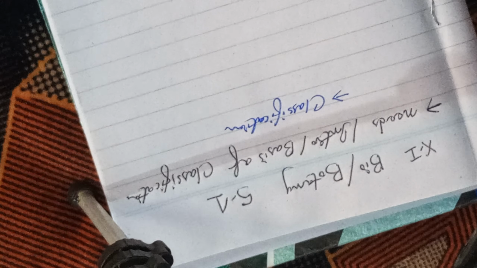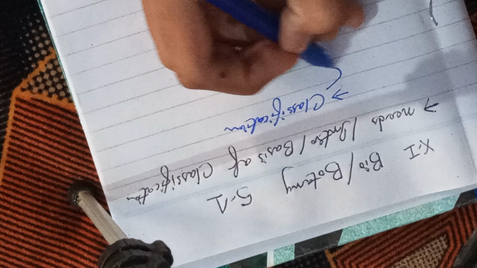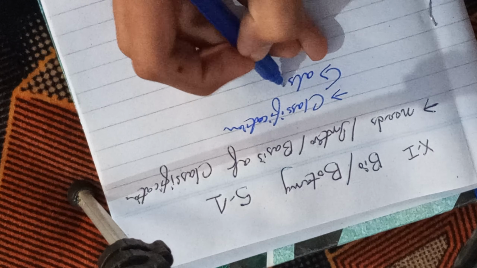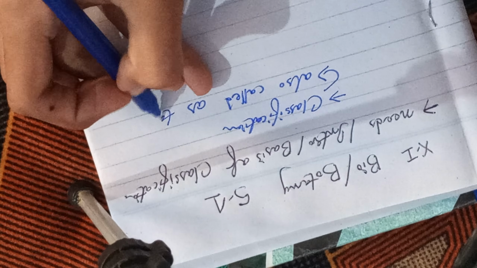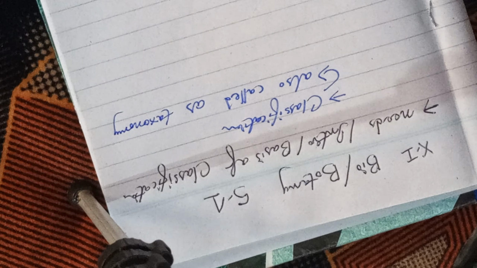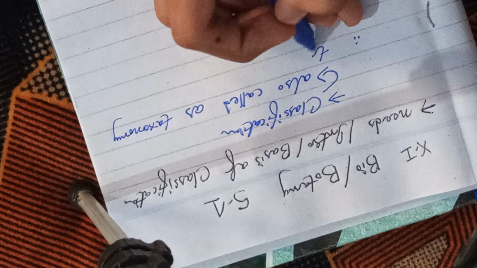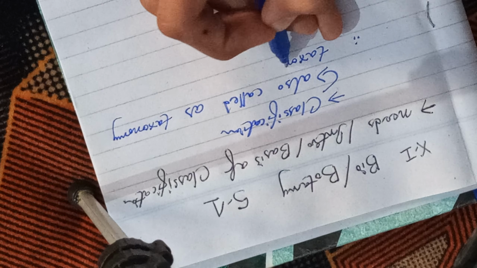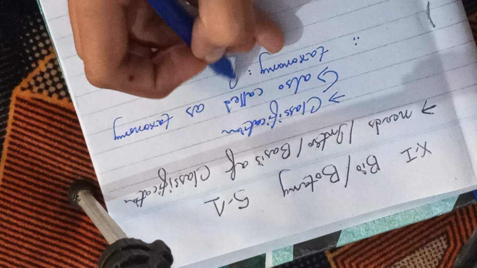Classification, right? So classification is also called taxonomy, right? It is also called taxonomy, and taxonomy is derived from Greek.